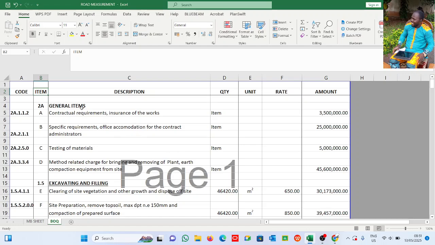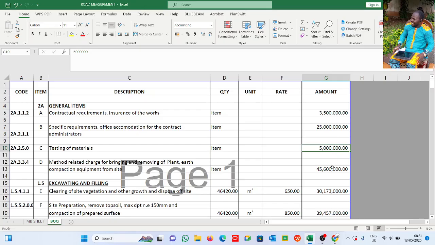Say for instance, general items. These sums here are not correct. Of course, when you're writing the exam, you're not expected to put a correct figure. Just allow a reasonable sum.